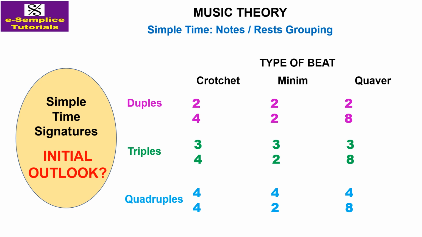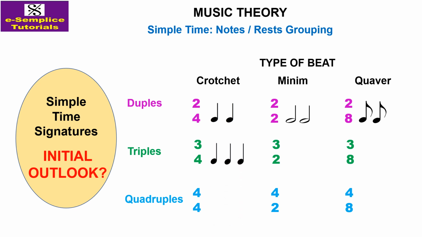When you hear 2-4 time, the initial outlook is this. That's 2 crotchet beats per bar. 2-2 means 2 minim beats per bar. 2-8 means 2 quaver beats per bar.